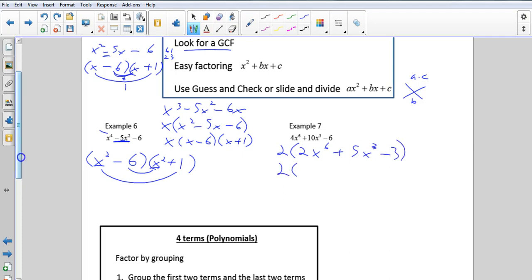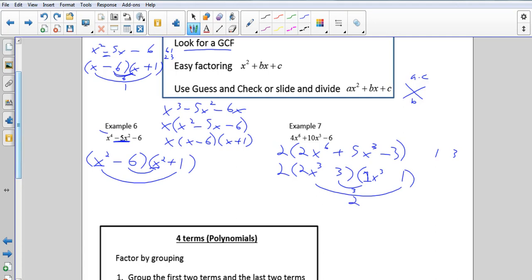So now, 2 says, we're going to have our 2 parentheses. 2 is a prime number, so it's got to be 2x cubed times 1x cubed. 3 is a prime number, so we know it's got to be 1 and 3. We just got to figure out which way to get 5 left over. So if I do the 3 here and the 1 here, I get 3 and 2.